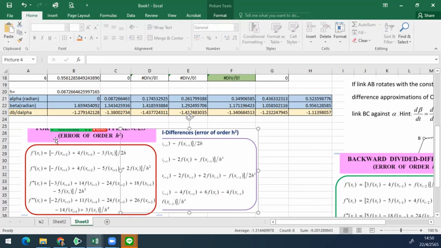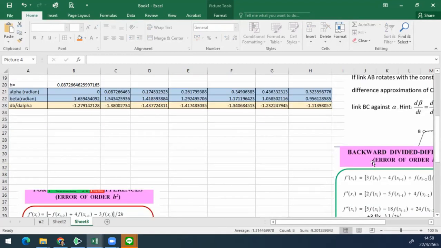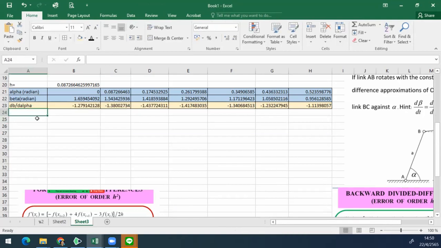The final step is we apply the chain rule. That is what we would like to determine, d beta by dt. d beta by dt is equal to d beta by d alpha times d alpha by dt. d alpha by dt, for this case, is a constant that is equal to 25 radian per second.